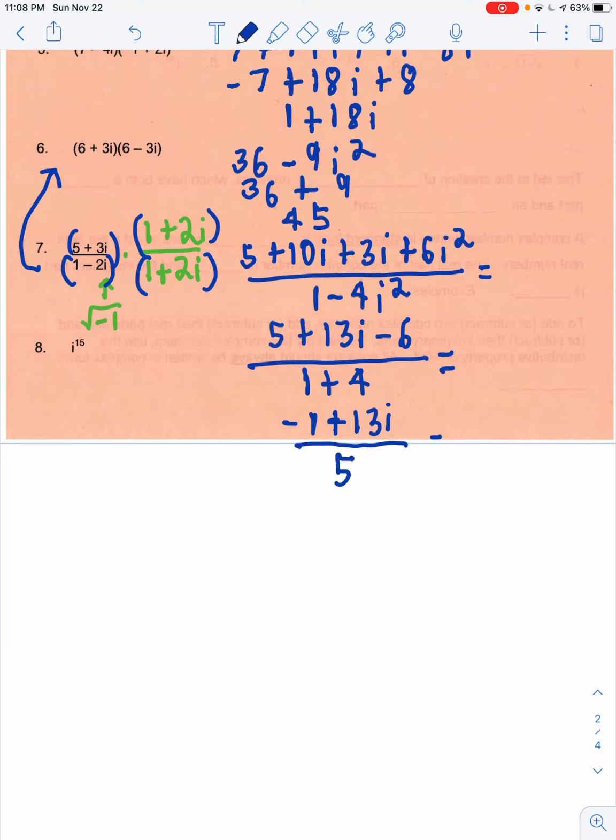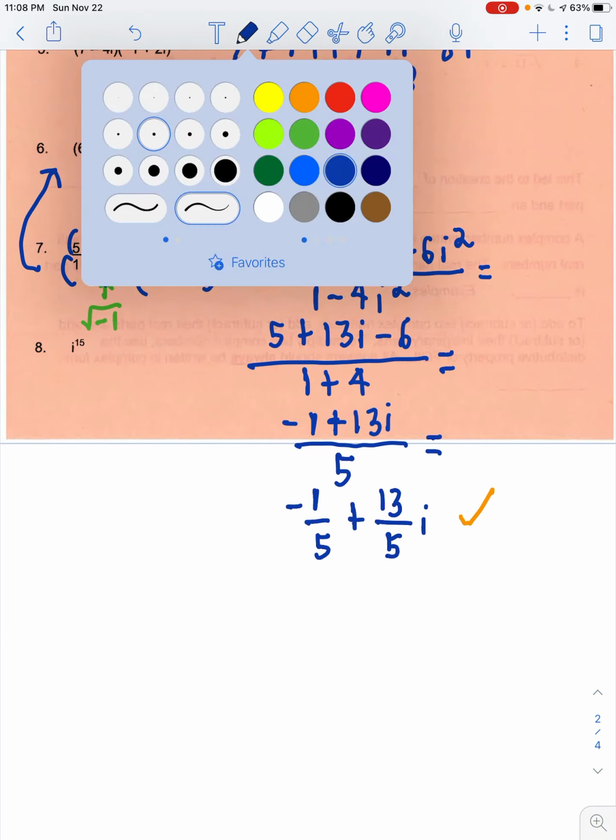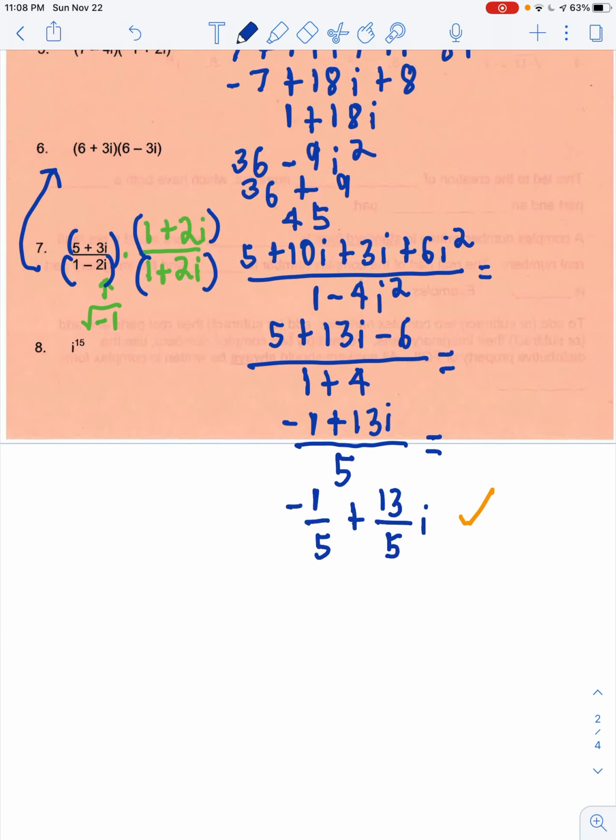Now, to really be expressed in complex form, we have to break up the real part from the imaginary part, and this would be written as negative 1/5 plus 13/5 times i. You might think that's an unnecessary step. However, if you're going to express it in complex form, you want to write it that way, because that shows the form a plus bi.